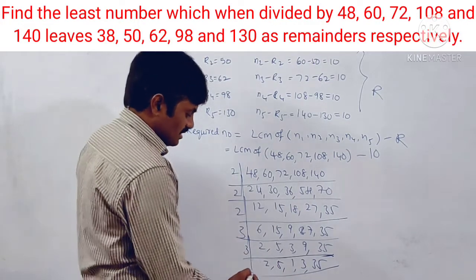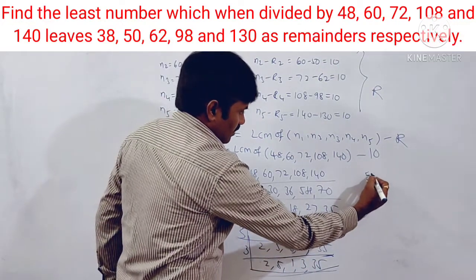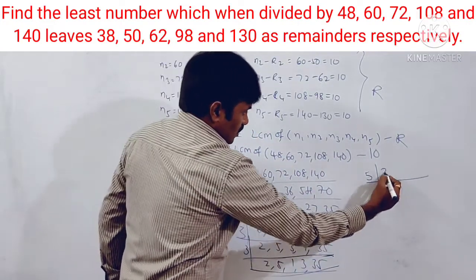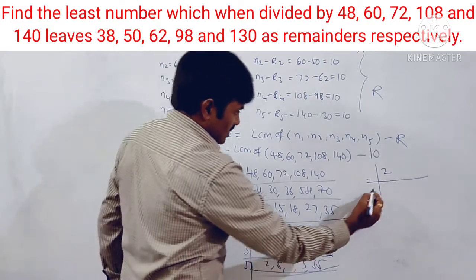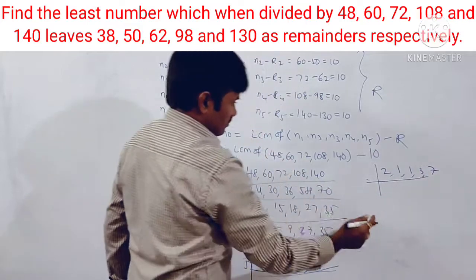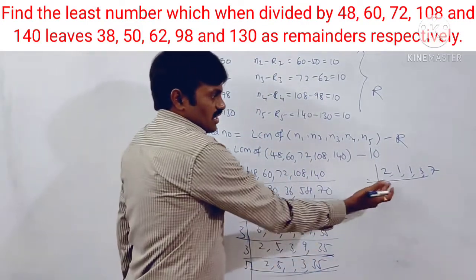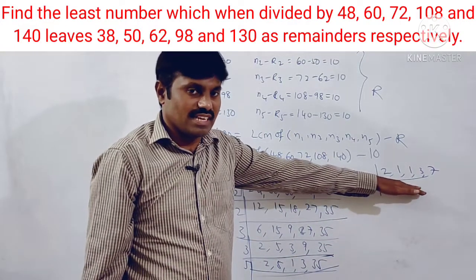If I take the 5 table here, we get 2 itself, 5 here, 2 itself again, then 1, 1, 3, 7. So there is no common table, so stop here. This is the end of this LCM.